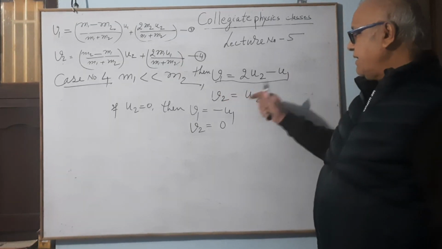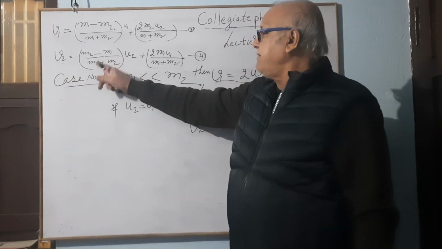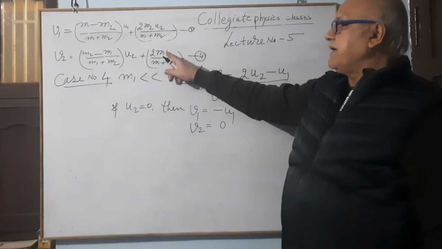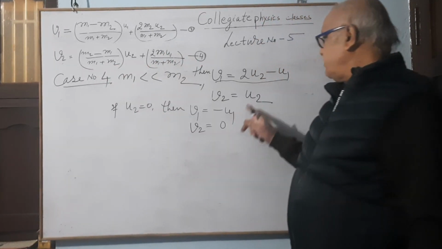Similarly, v2: this m1 is neglected, so this will become 0, and v2 will be equal to u2.